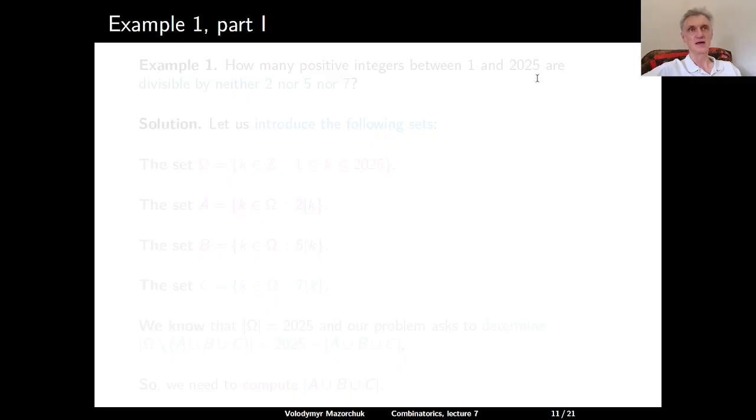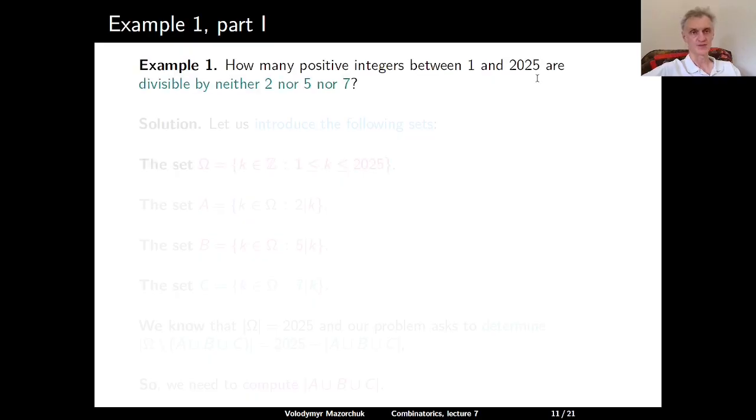Let us see how one can apply the inclusion-exclusion formula to solve combinatorial problems. Example 1. How many positive integers between 1 and 2025 are divisible by neither 2 nor 5 nor 7? Solution. Let us introduce the following sets.